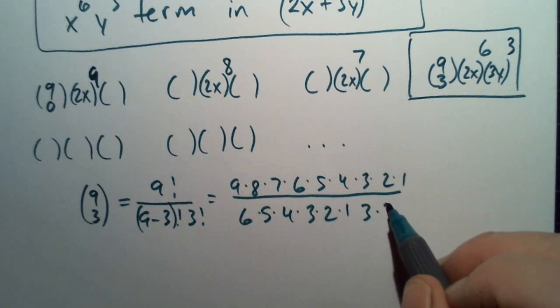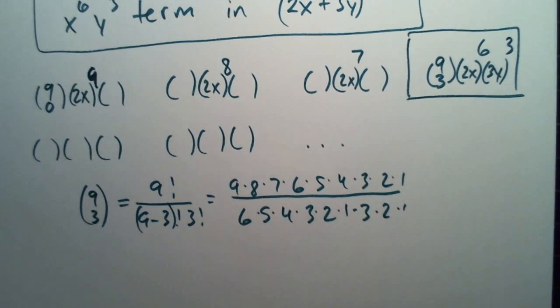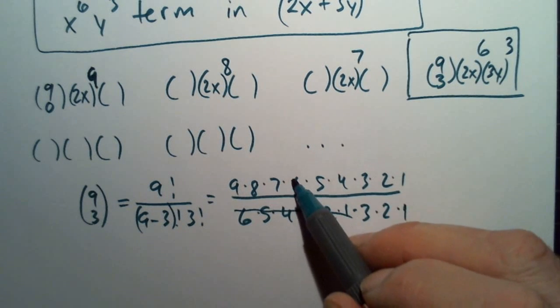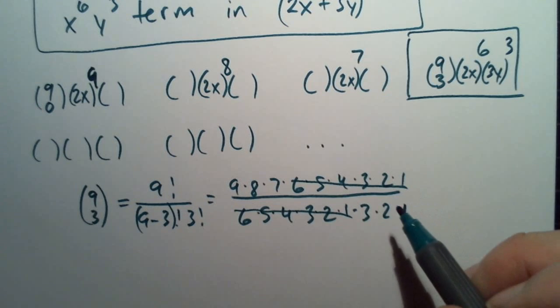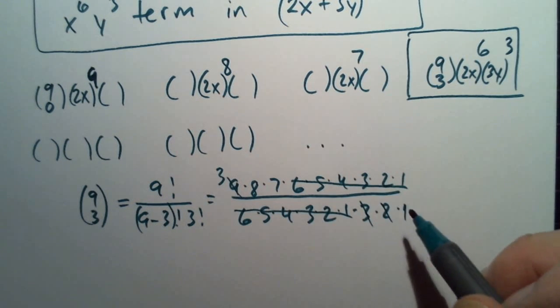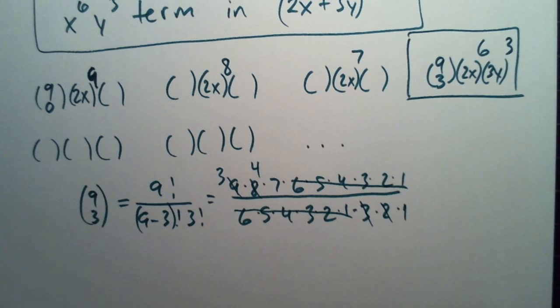And 3 factorial. So let's cancel the 6 factorial, and we can have a 3 canceling part of the 9 and a 2 reducing the 8. So that gives us 12 times 7 is 84. There, that gives us 84.